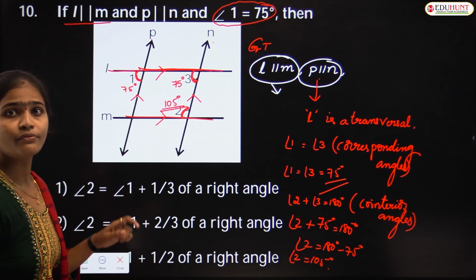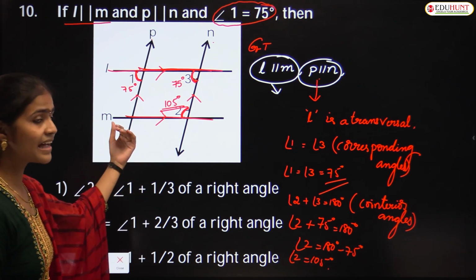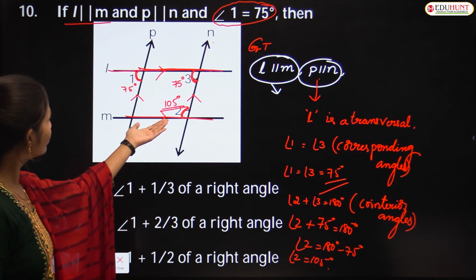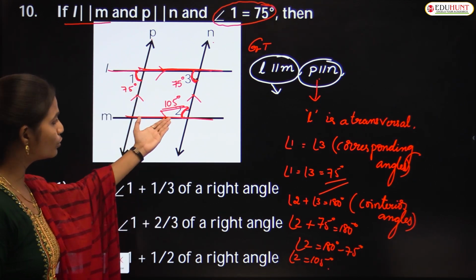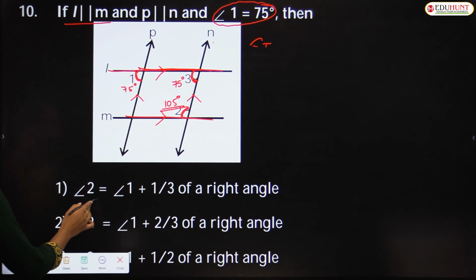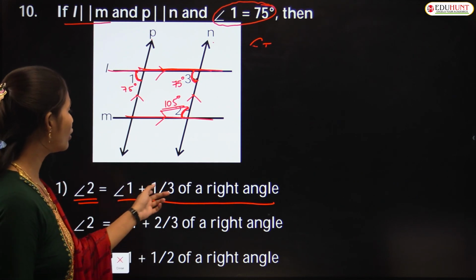But when you observe the given options, the values are not given directly. So we have to simplify the options also, and we know the values of angle 1, 2 and 3. So let us see the first option: angle 2 is equal to angle 1 plus 1/3 of a right angle.